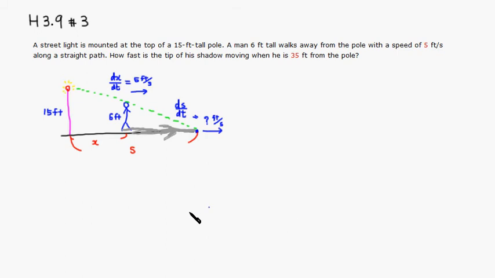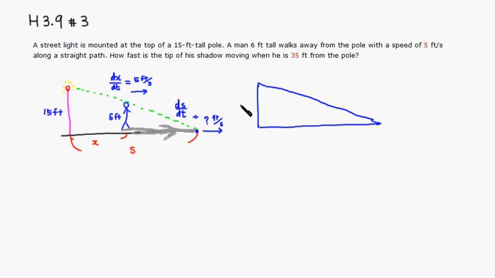First we're going to look at the big triangle, which is a right triangle. So I'm going to draw that triangle here. You have a big right triangle: this is the street light, and then go straight to the tip of the shadow. So you have a big triangle like that.